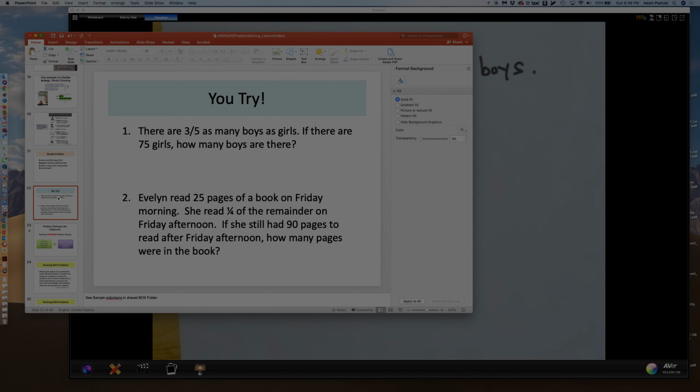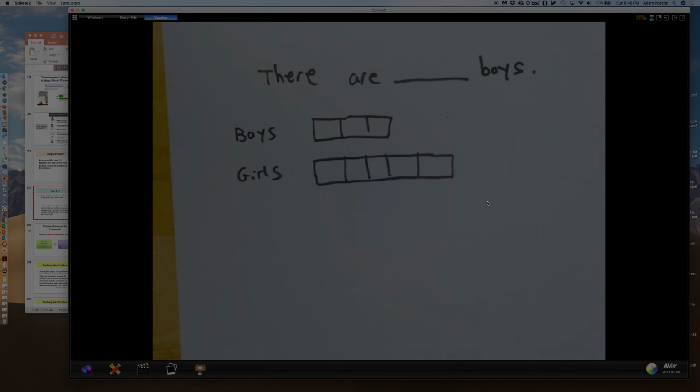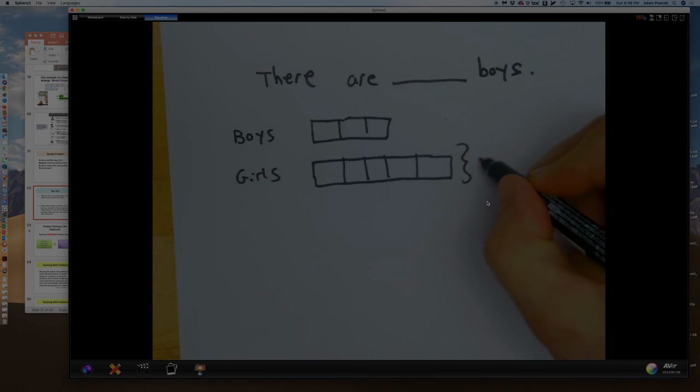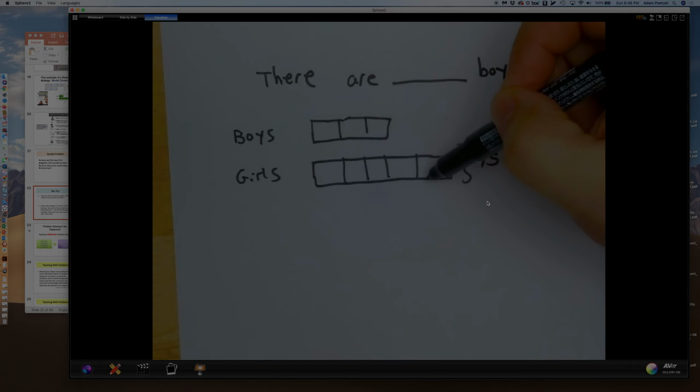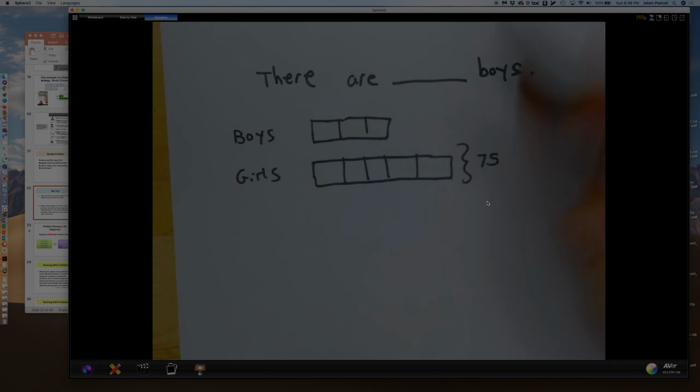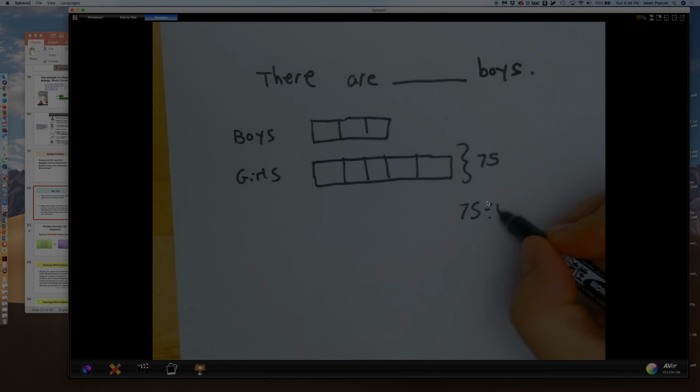And then it says, if 75 are girls, how many are boys? Well, let's go back. I know this bar here is 75. And this has 5 equal chunks, so 75 divided by 5 would be 15.